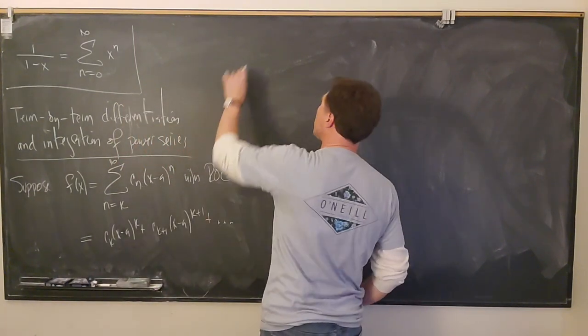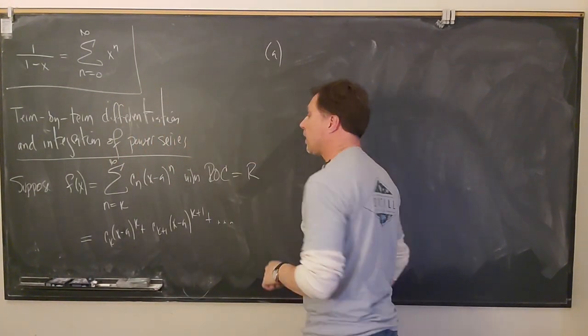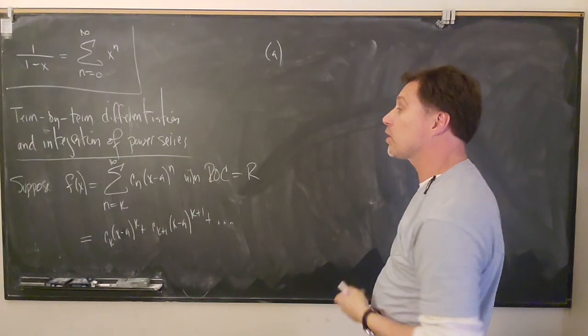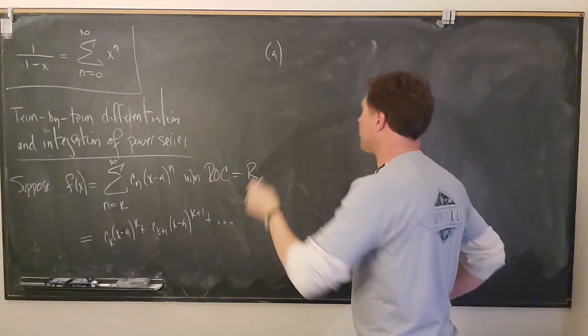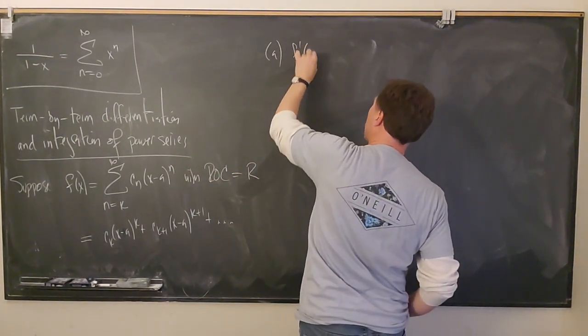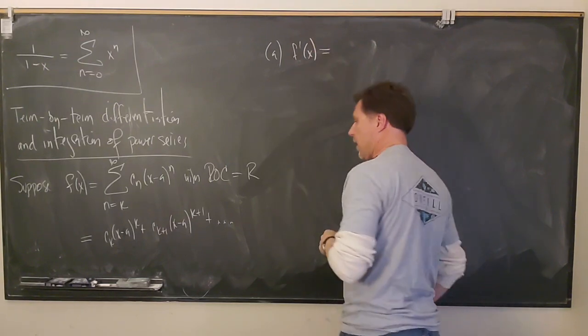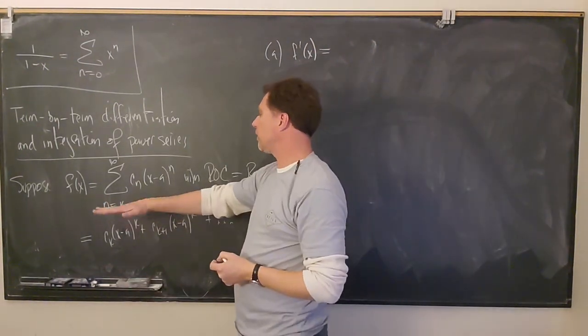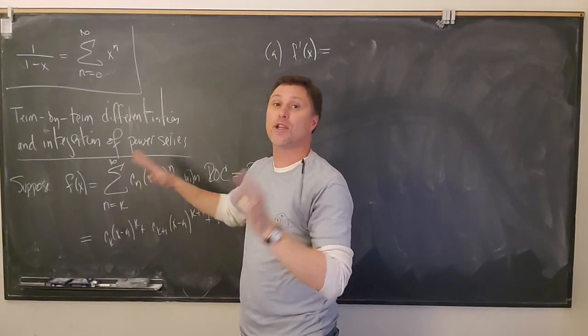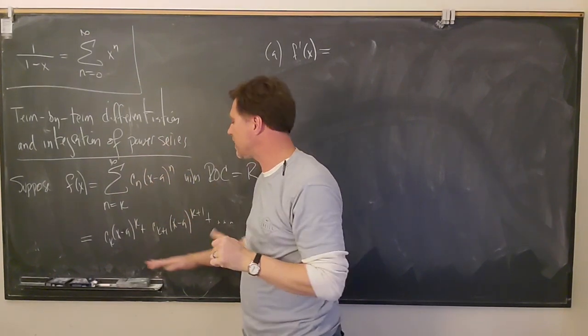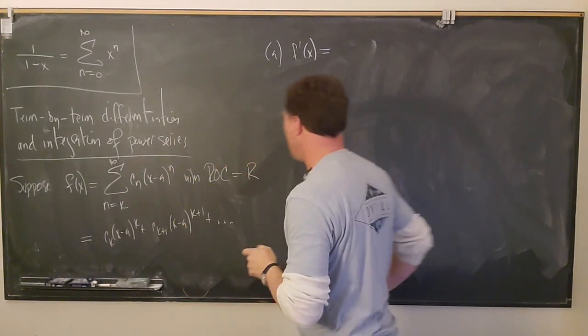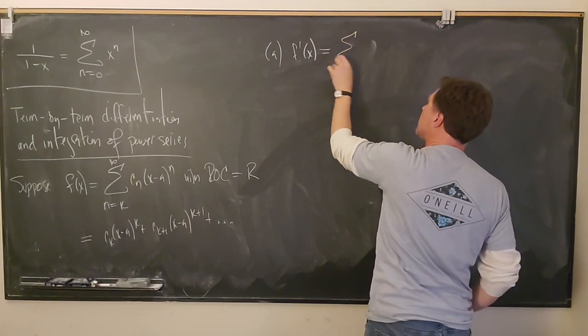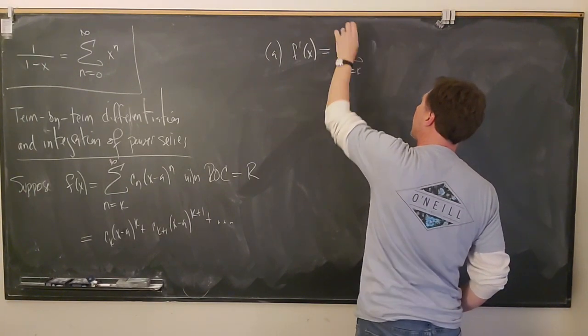Now, there are two parts to this. The first part tells us how to get a power series representation for f prime of x. So f prime of x is given by computing the derivative of this power series, and you do it behaving exactly as if it's a polynomial. So it's going to be the sum from n equals k to infinity.